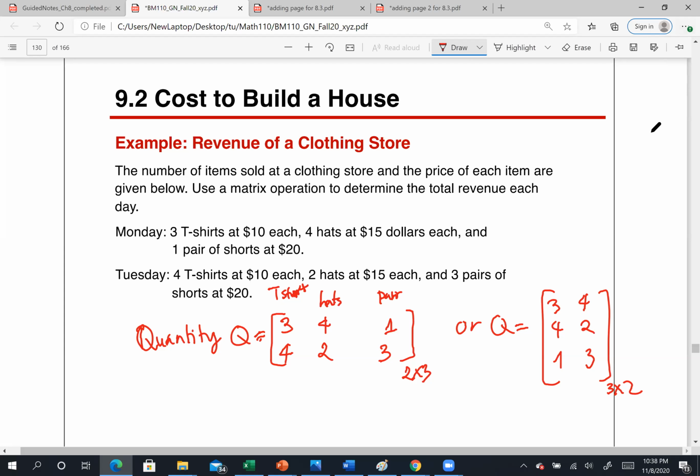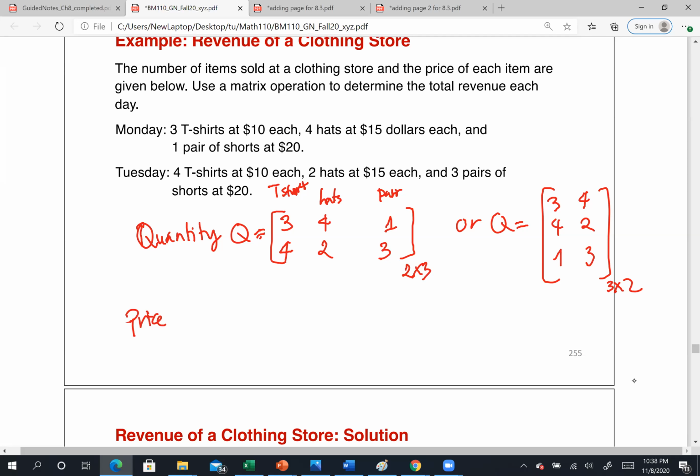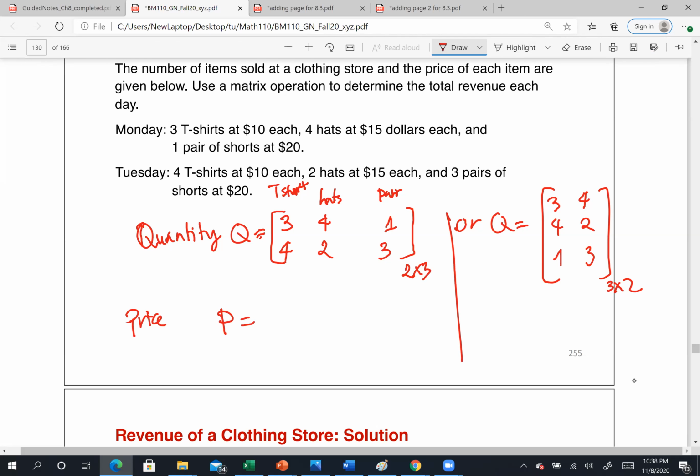Let me move down to have more room. So P, if you use the case where Q is 2 by 3, then you need the price matrix to have the inner dimension, which is 3 rows.